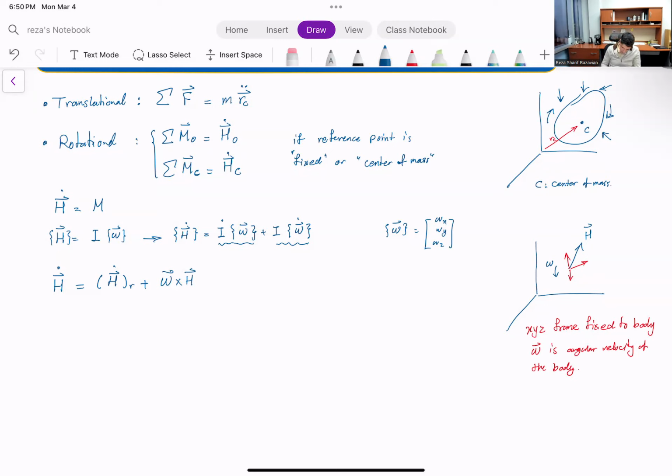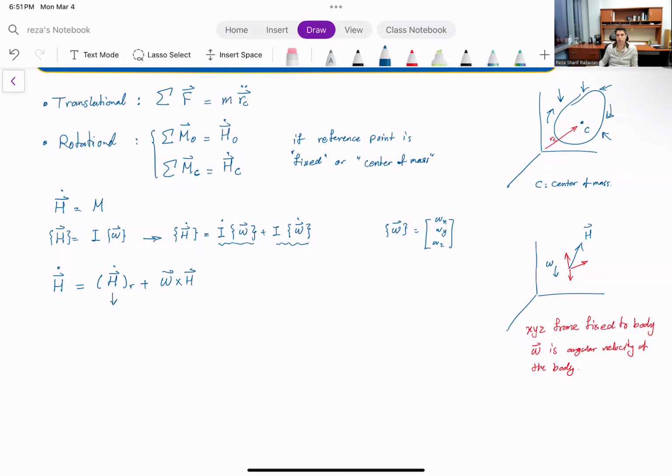And now this one is easy to interpret. H dot, when you are sitting on the frame and you're rotating with it. So in your view, the only thing that changes in this angular momentum is how fast you are changing your speed, essentially.